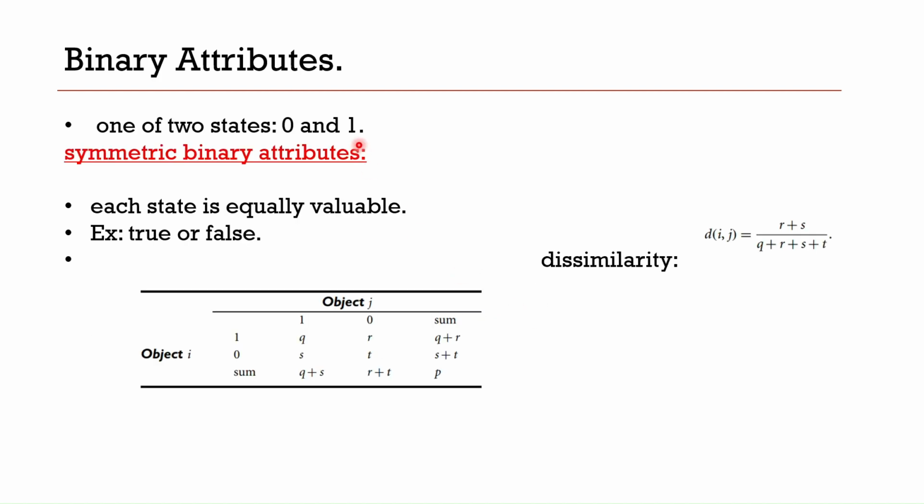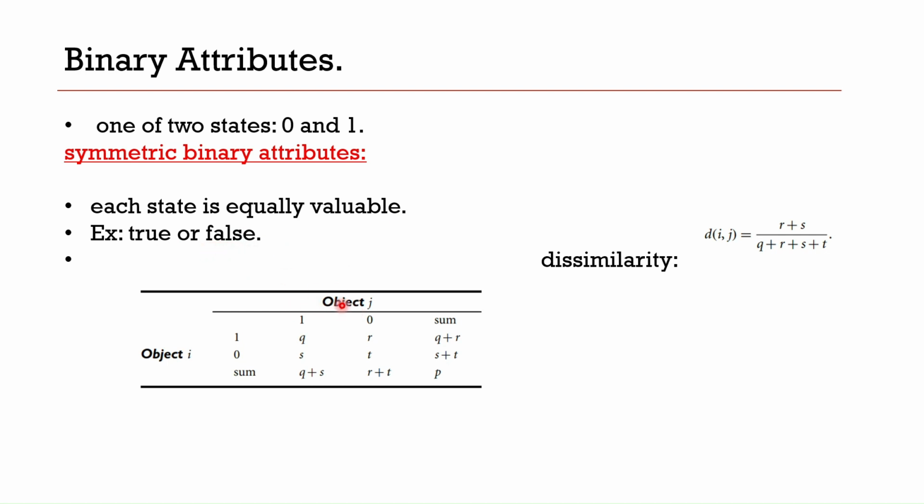Now we are going to look at binary attributes. One of the two states can be 0 and 1. It is a symmetric binary attribute when each state is equally valuable. Example: true or false, as both answers are valuable.